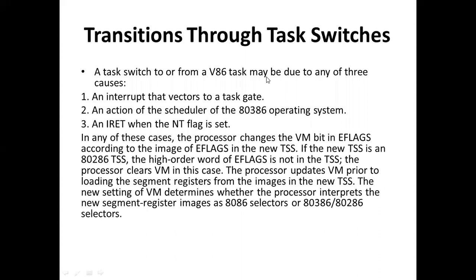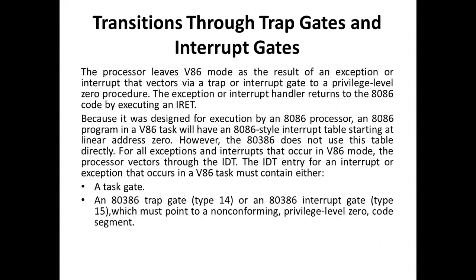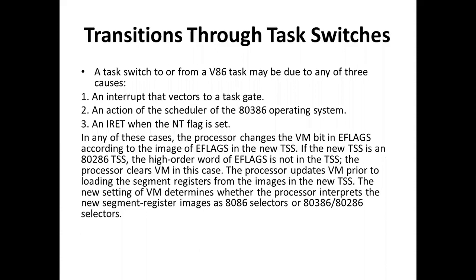Okay, and we get related to the v86 mode again as expected. Related to the interrupts and exceptions, when we are expecting it as a nested task, then that flag needs to be set, and similarly it will be continued.